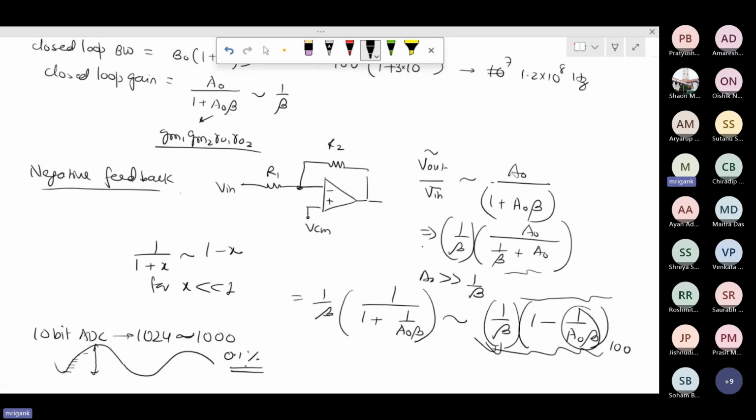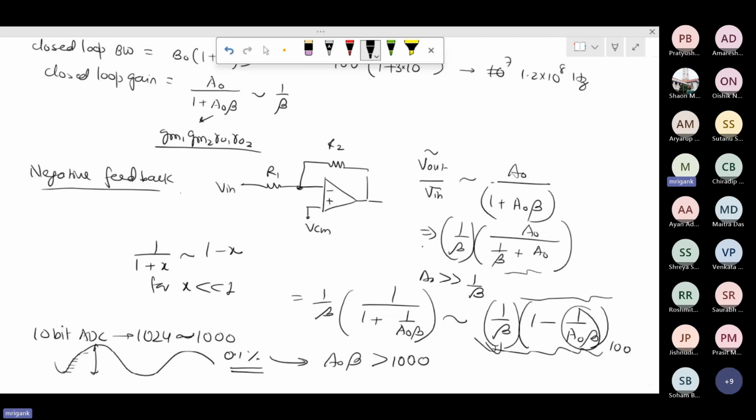Total errors, distortions, etc. added by all the stages should be within 0.1%. So for that condition, what will be the requirement? A naught beta should be greater than 1000. Likewise, if you go for a higher number of bits, higher will be the precision requirement. Suppose you want a 16-bit ADC, then there is a further higher A naught beta requirement.